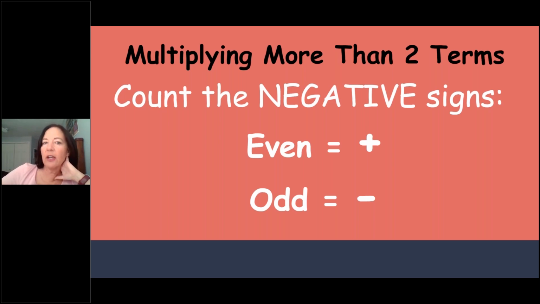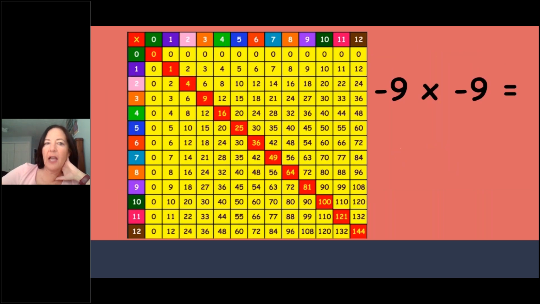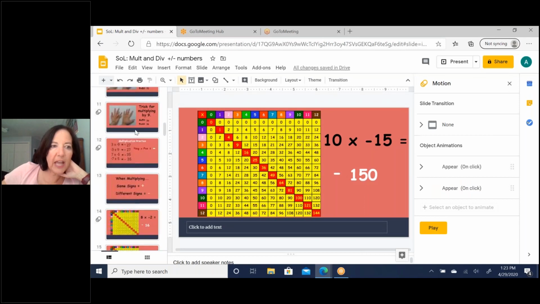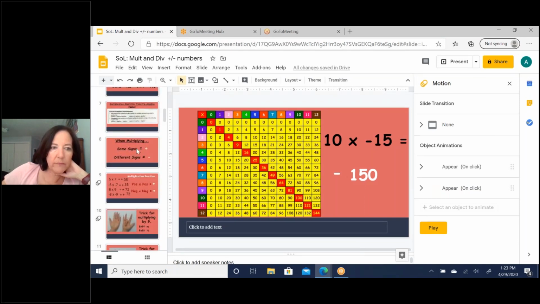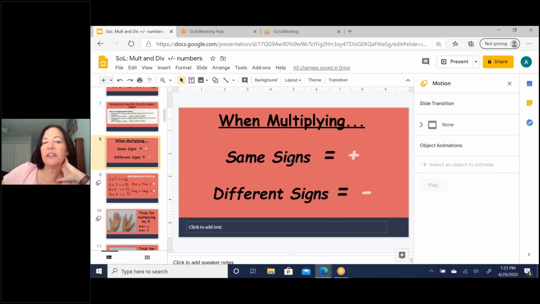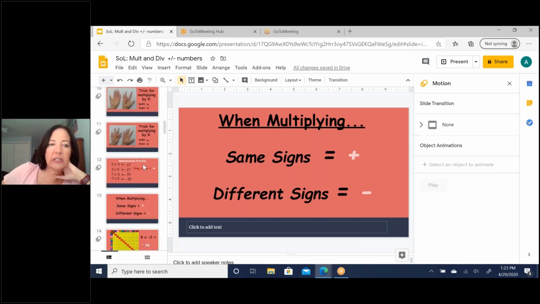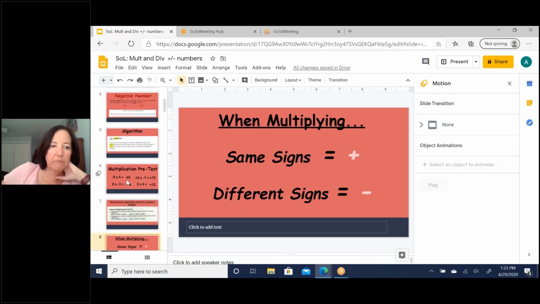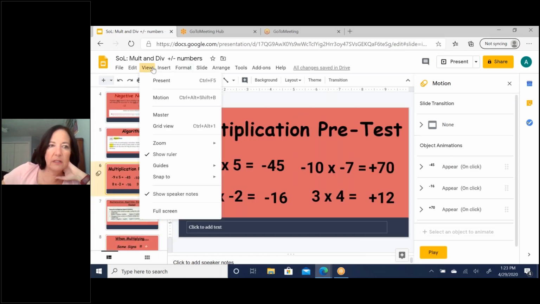And so we had just talked about, let me go back a little bit, when the signs of the two numbers being multiplied are the same, our answer is going to be a positive. And if the signs are different, the answer is going to be a negative. And so let's just look at a couple of these problems. Let's do these again.